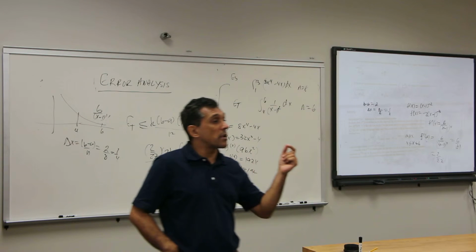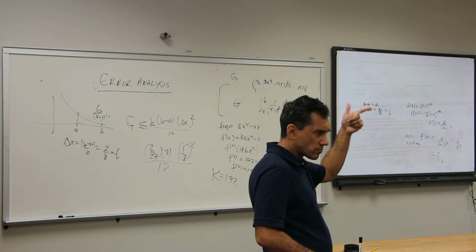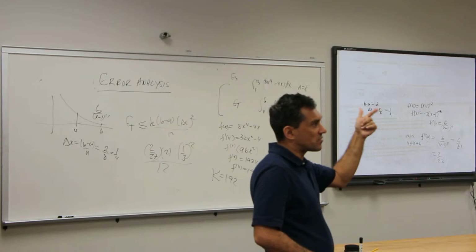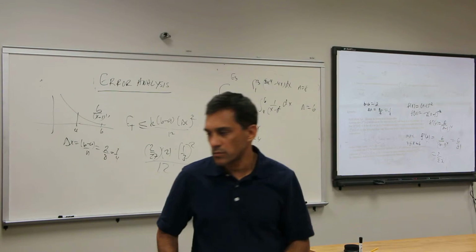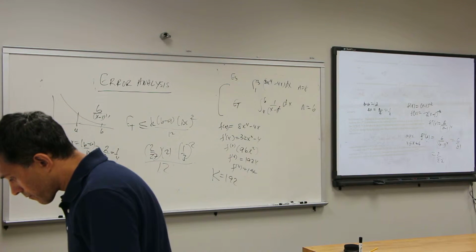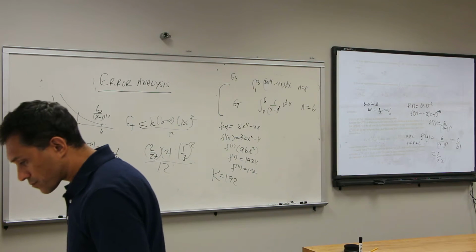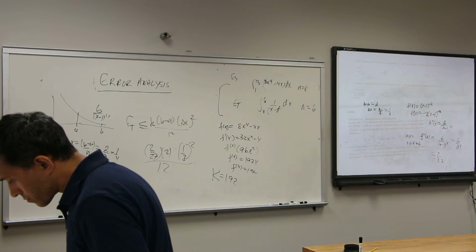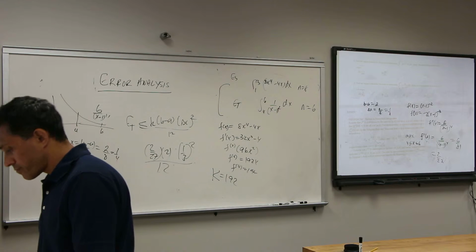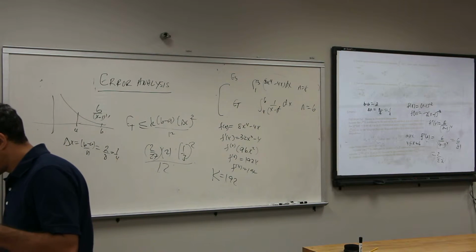Okay, let's do now a problem where we want to find n. What's the minimum n that will guarantee a specific accuracy? So here's a problem. There's a whole class on this, error analysis.